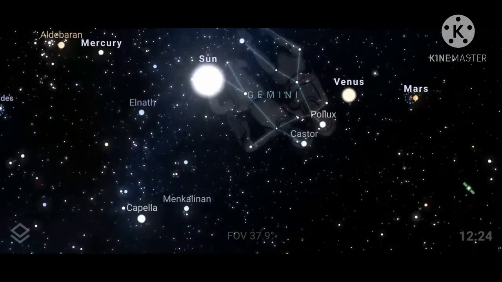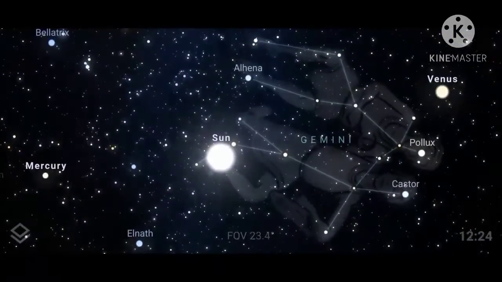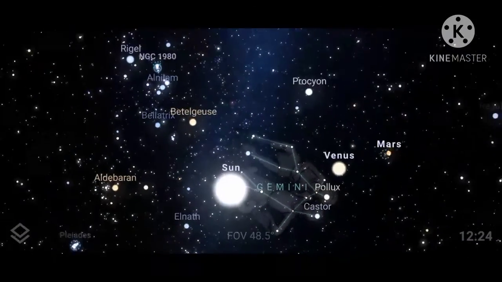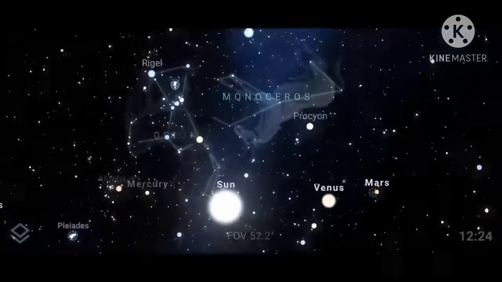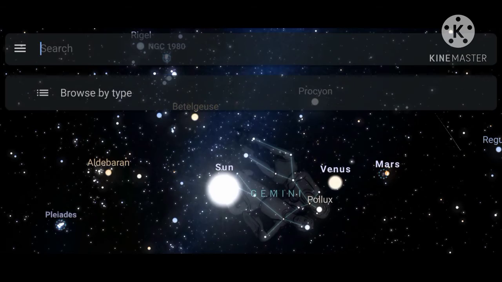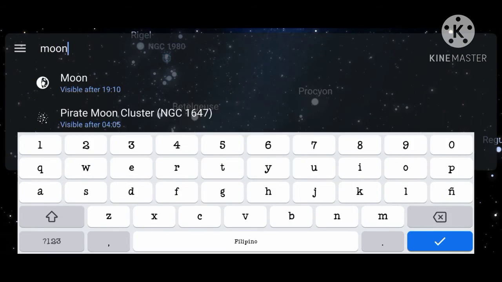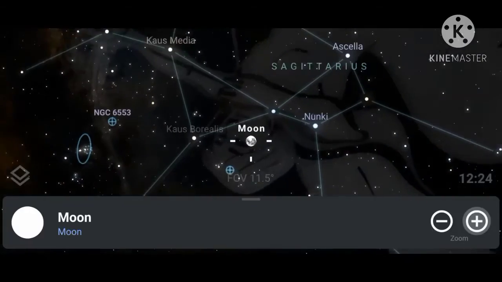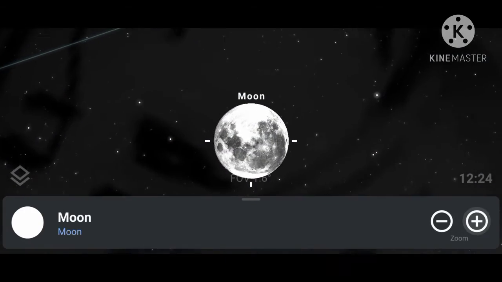Did you understand that? Also, Earth has only one moon, which is our moon, and the name of our moon is Luna. And we can search it here and look for it and zoom in.